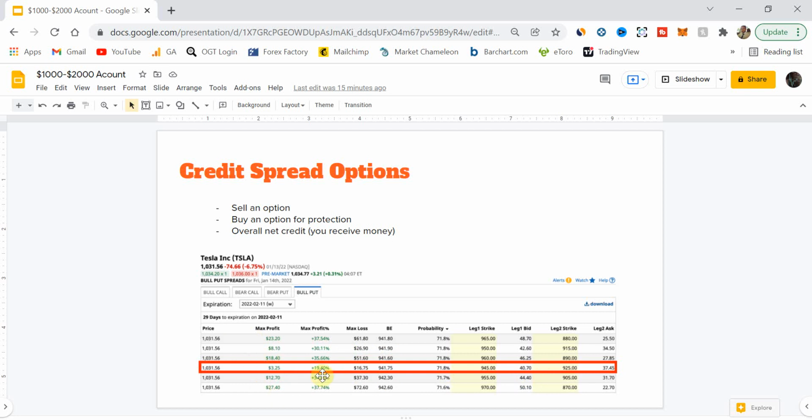But you keep your 325, so that's your difference. But if it stays above your short leg at 945, you will collect the whole 325 and your $2,000 collateral would come back.